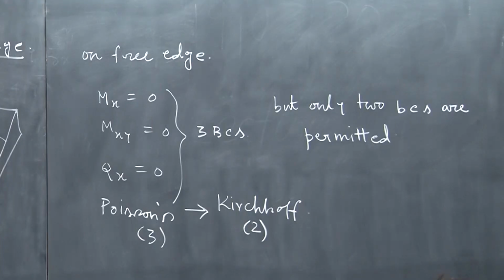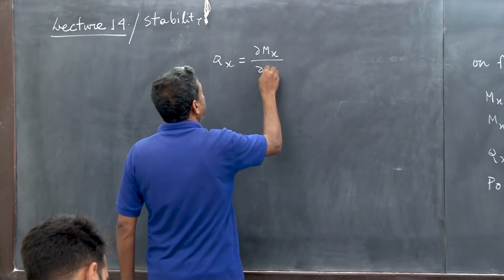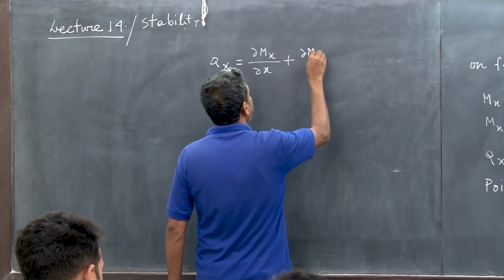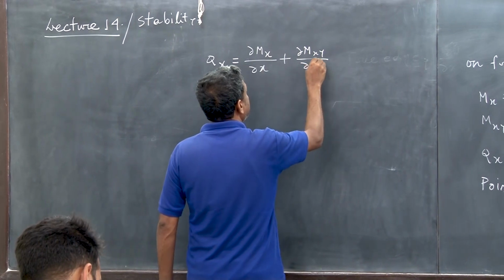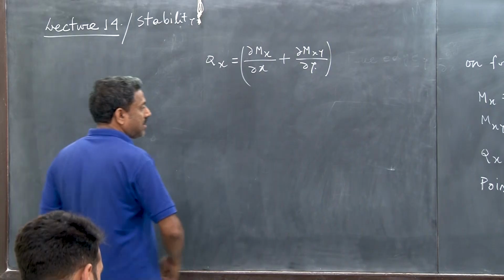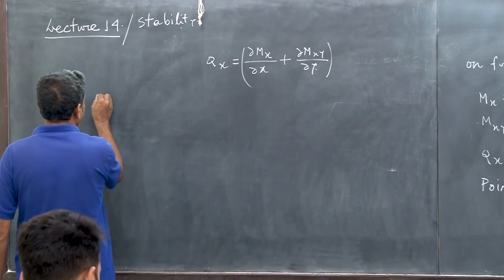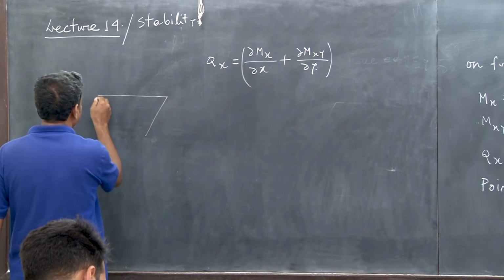Please see, what is Qx? There is a relation: Qx is del Mx/del x plus del Mxy/del y. Now, this one, Mx, that is what I am going to do something with.